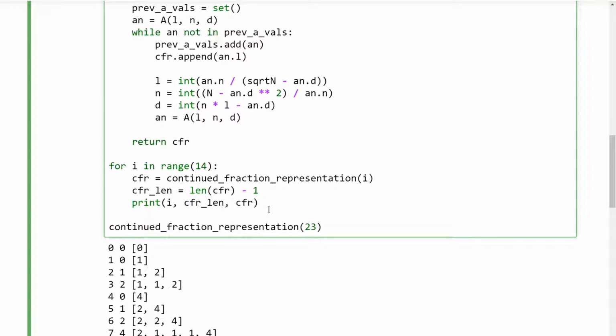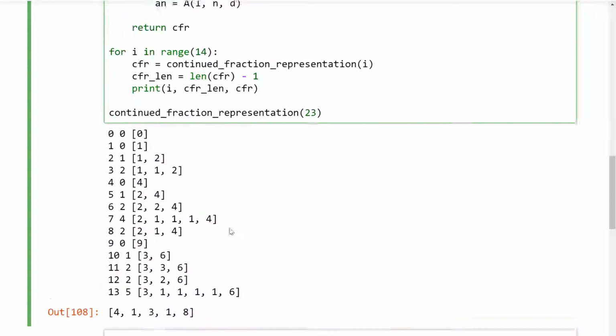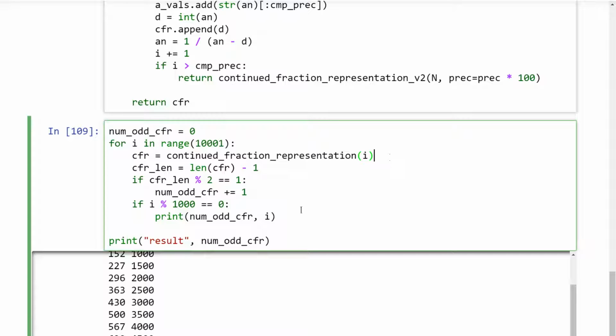In Java, you would have BigDecimal, and you would have killed yourself before you got the solution. Yeah. So we get the actual CFR. I wonder what the large ones are.